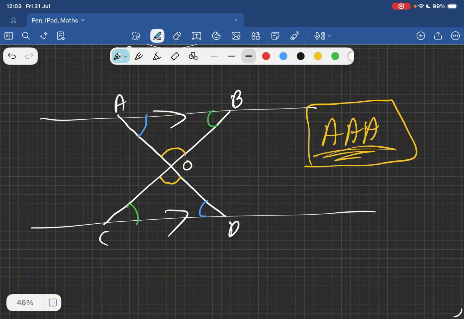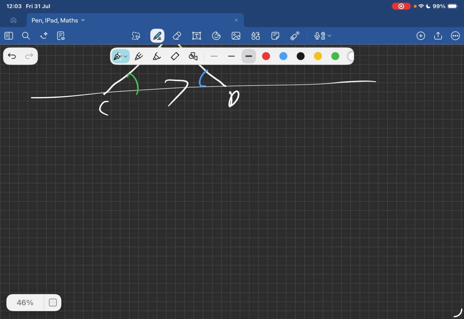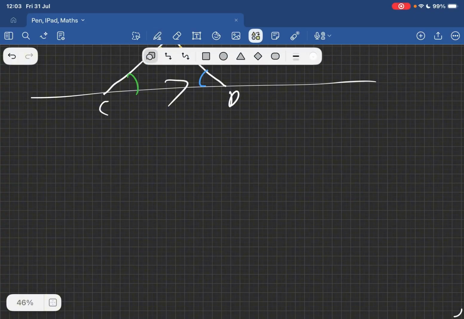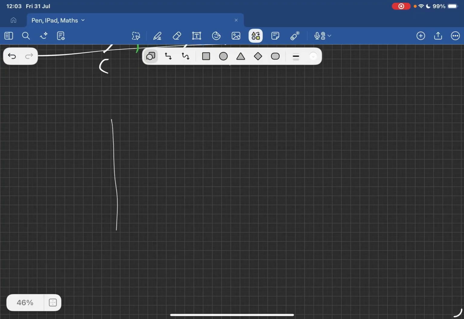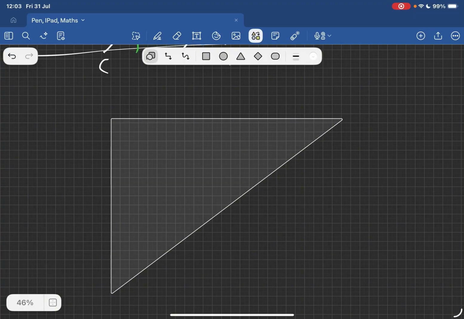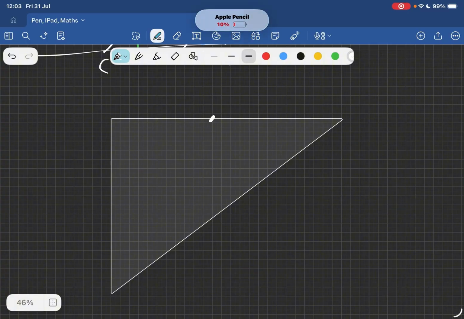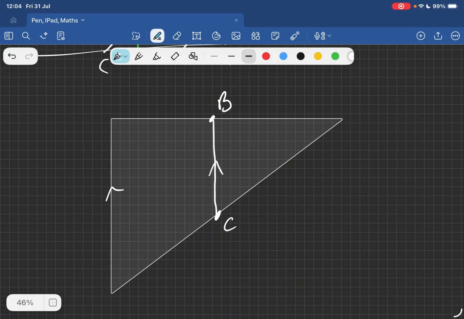Perfect. Next example, used to find a length. Let's look at this triangle. We have our triangle and we're told some points on it. This length here is going to be BC and this is parallel to DE, and then we've got A here.